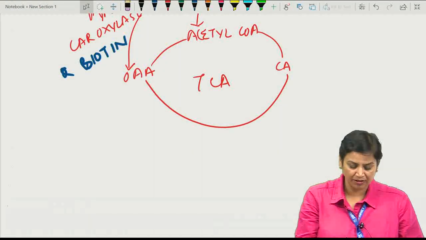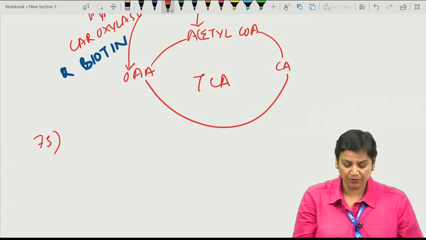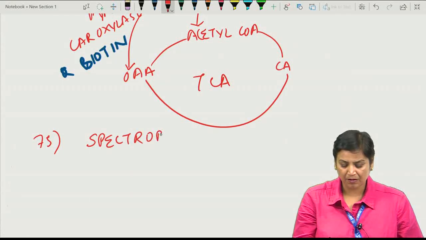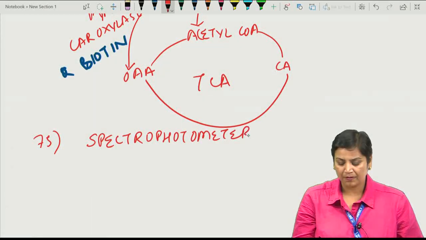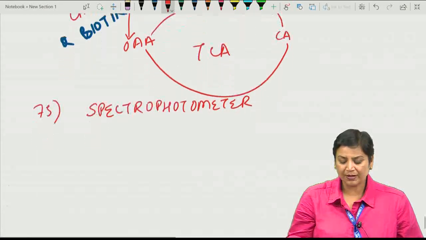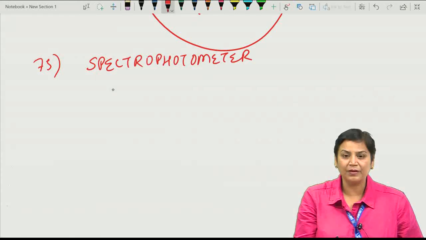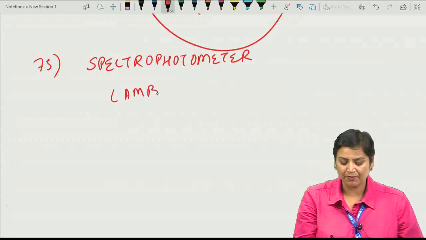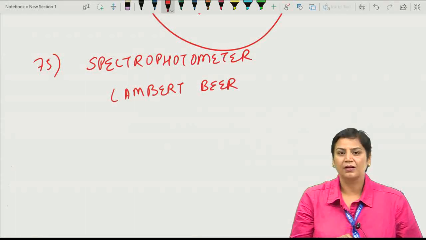This is again very important. The working of the spectrophotometer is based on Lambert-Beer's law. Basically we study the spectrum.